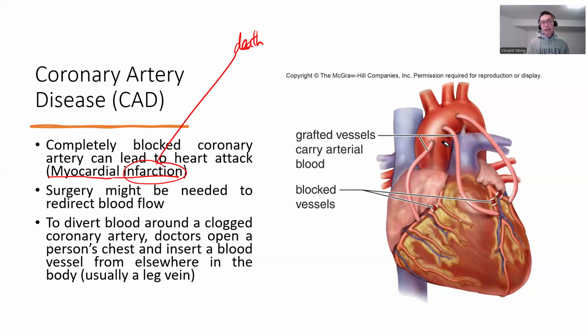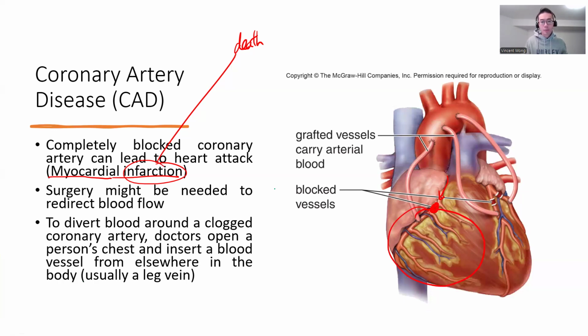And that's what these blood vessels are for. They would take a vessel, usually from the leg, and then they create a detour, an alternate pathway for the blood to flow. So let's say there's a block here. The blood's going to come down from the coronary artery, and because of the block, this whole area is not going to get any blood supply.